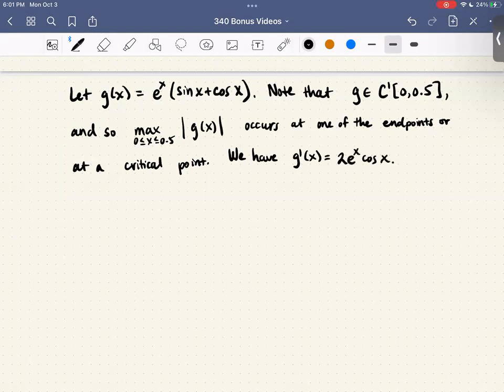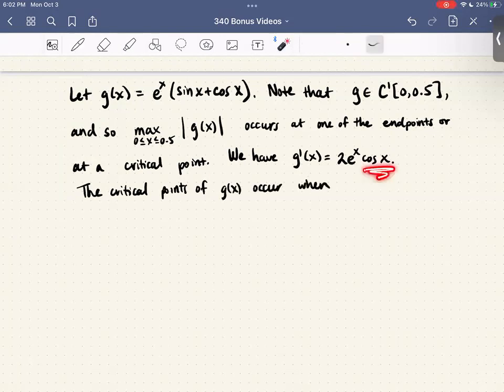The critical points of g of x occur when cosine is 0. If we think about the unit circle, cosine of x is 0 here and here, at pi over 2 and then 3 pi over 2.